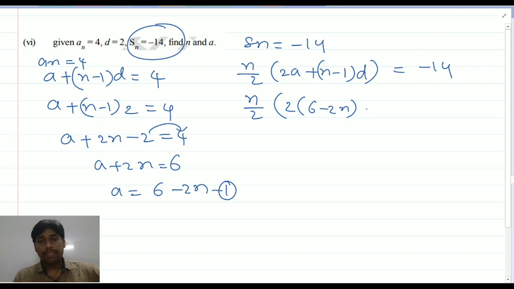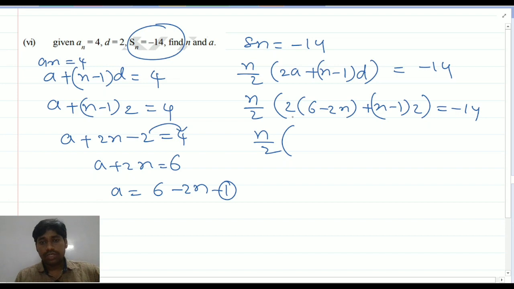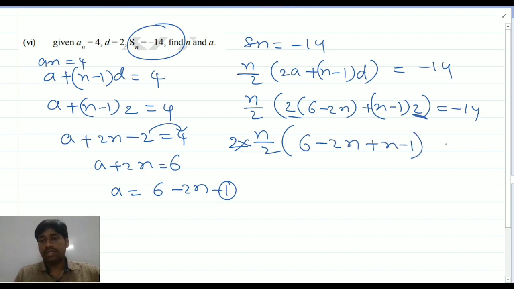So plus n minus 1 into d, already known as 2, equals minus 14. Here 2 is there, here also 2 is there, I will take 2 common out. So 6 minus 2n plus n minus 1, this is equal to minus 14.